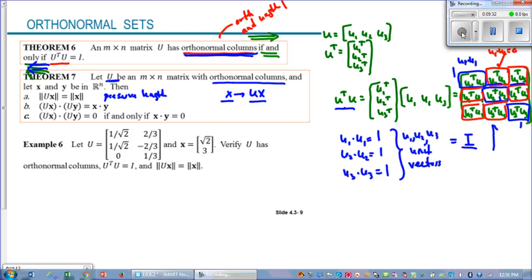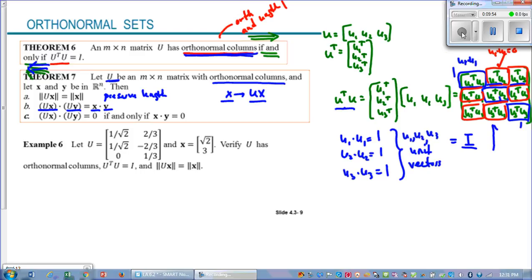Okay, so now let's say that we start with two vectors that are orthogonal. So if we look at x dot y, if that's 0 before you do the transformation, and then do the transformation with x and y, which would be ux and uy, this just says that ux dotted with uy will be the same as x dotted with y.